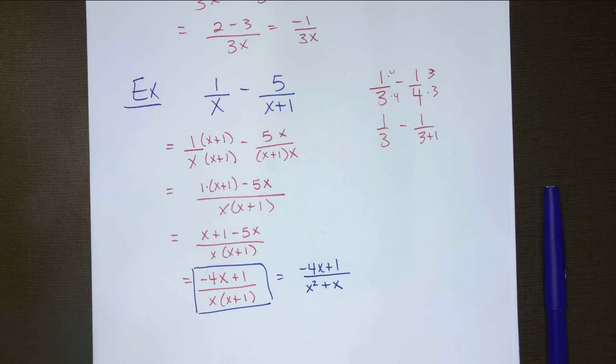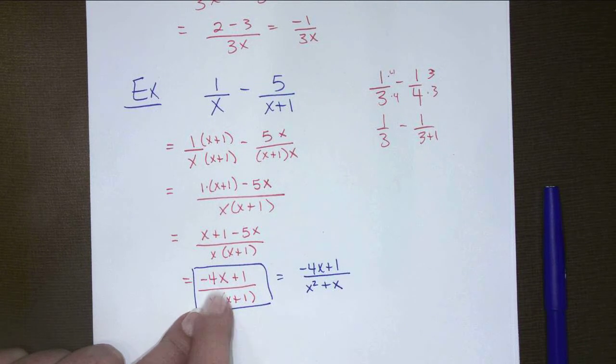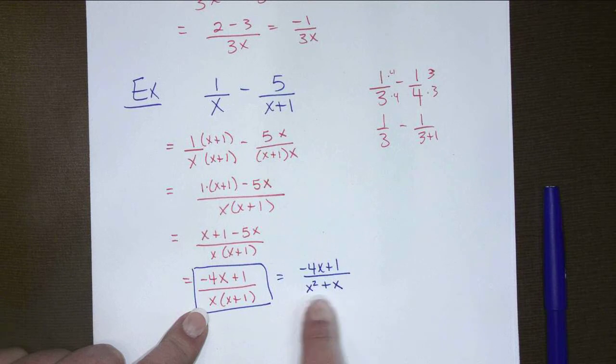If you expand, you'll notice that if you've already factored the bottom, later when we go back to fractions and you're factoring, you'll be able to factor the top and then something will cancel. If you expand the denominator, then you have to refactor it to simplify. So factored is more simplified, but either way is fine.